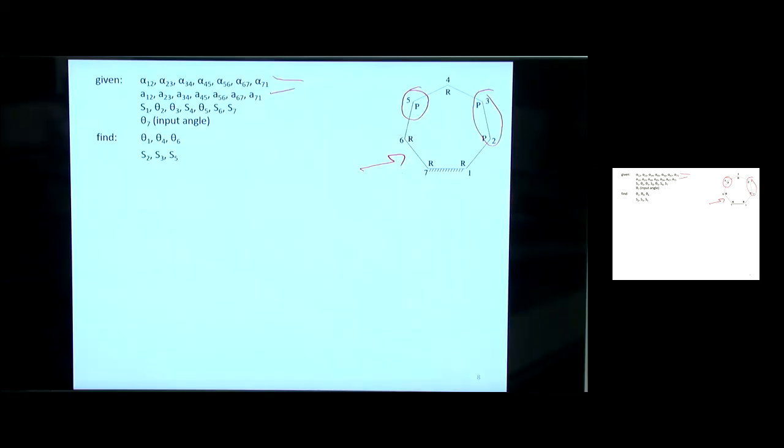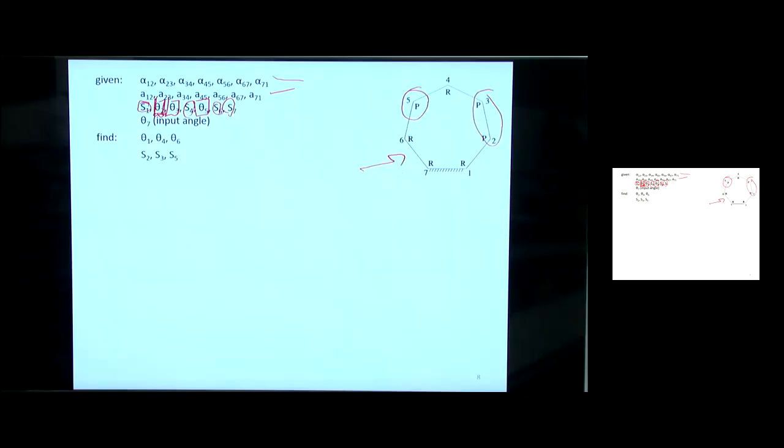All those pieces of metal, we know everything about them. There was a revolute at 1, so we know that joint offset. There was a revolute at 4, 6, and 7, so that's why we know those offsets. And then there were the prismatics at 2 and 3 and 5, so that's why we know those.